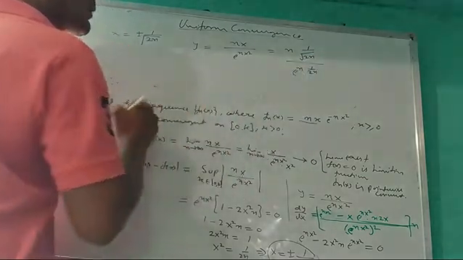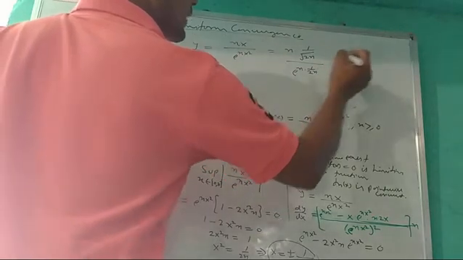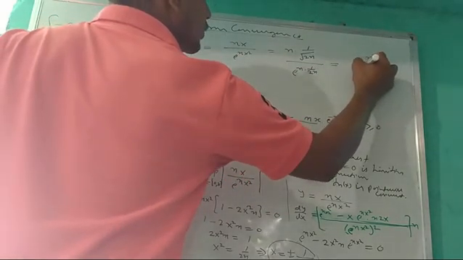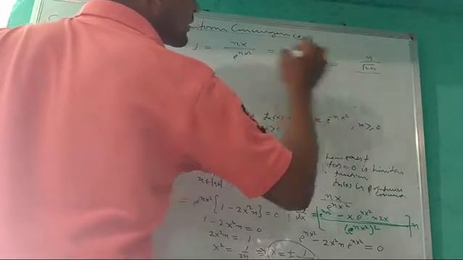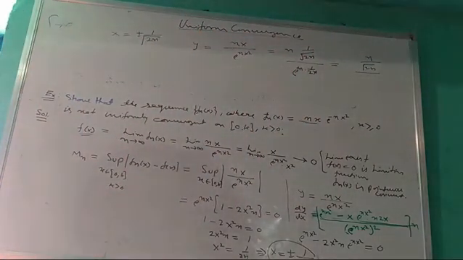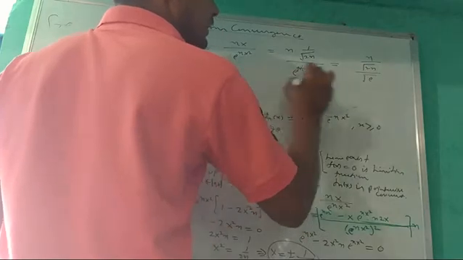Okay, after solving this we have n upon root 2n in the numerator, and in the denominator we have e to the power half, which means root e.